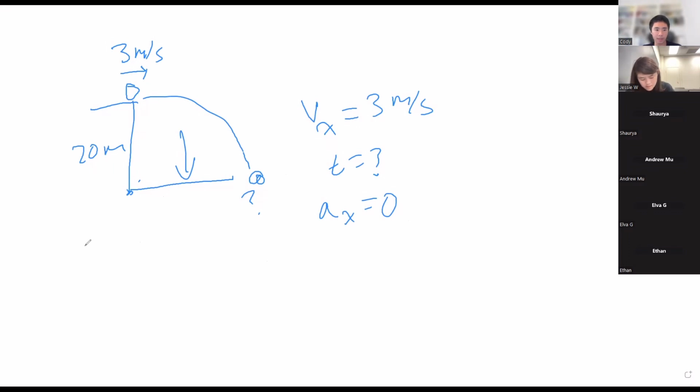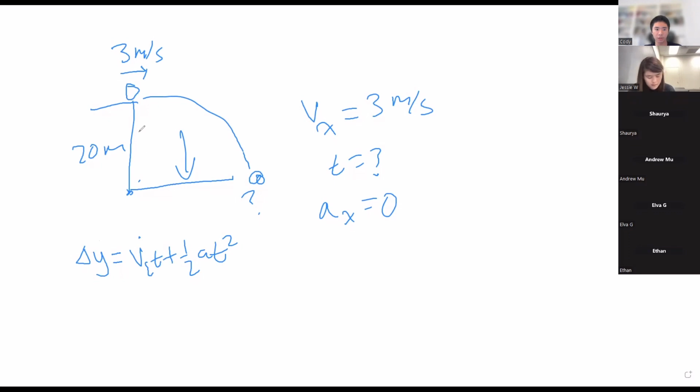So y also stands for displacement, and I'll be using y because that's the vertical displacement. So delta y is equal to v_i t plus 1/2 a t squared, right? First we'd use this equation in the vertical direction.